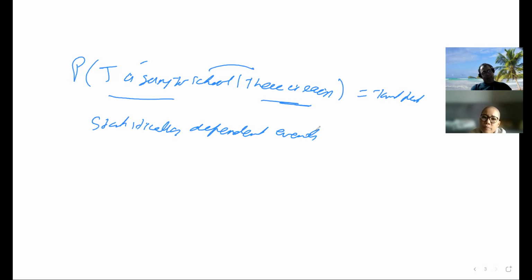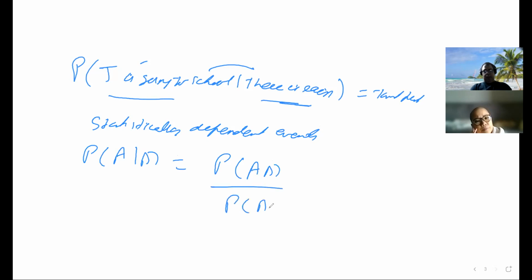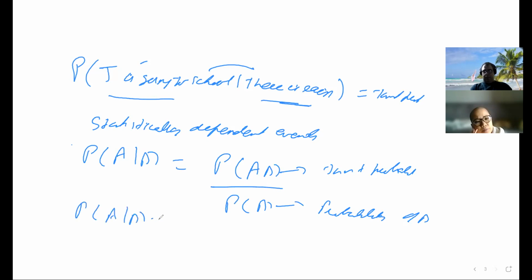Now let's discuss the statistically dependent events. In the last example, we discussed events which are independent. When there is a dependent event, the formula of conditional probability will be P(A|B) = P(AB) upon PB, where AB is a joint probability, and this is the probability of B. When there is an independent event, then P(A|B) will be equal to PA.